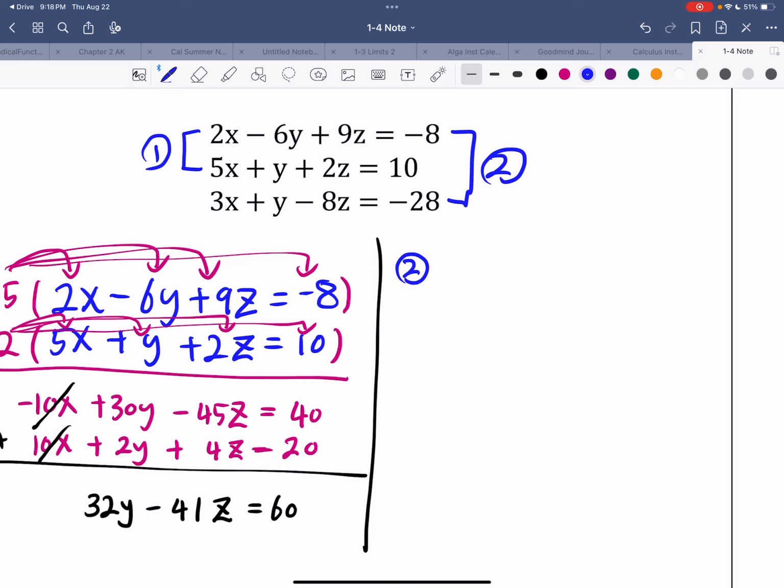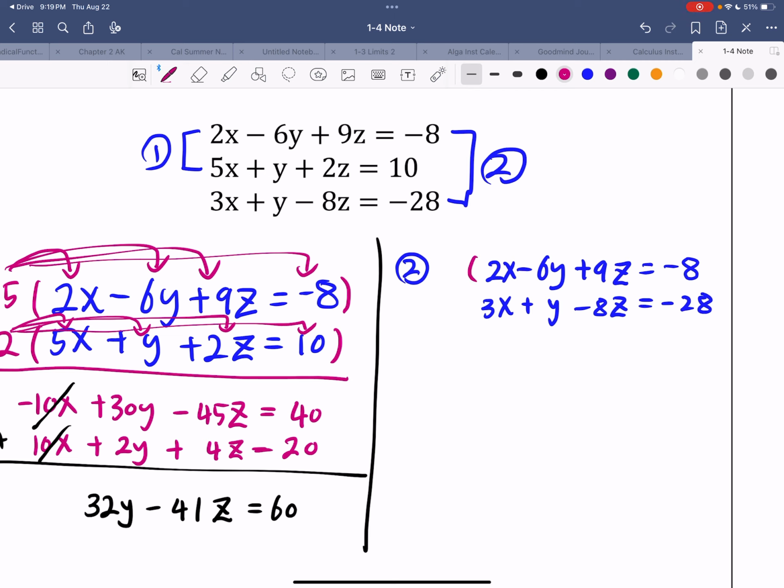I'm going to write 2x minus 6y plus 9z is equal to negative 8. And 3x plus y minus 8z is equal to negative 28.